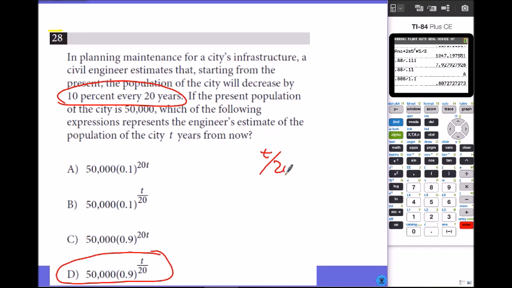So for this case, it's 20, and the initial value, let's say P times 1. Here it's decreased, so minus the percentage. So 10% is 0.1, so it will be P times 0.9, raised to t over 20. If it was every year, then it would be just t, right? But in 20 years, it will decrease by 1, so 20 divided by 20 will make it 1. So it has to be E.